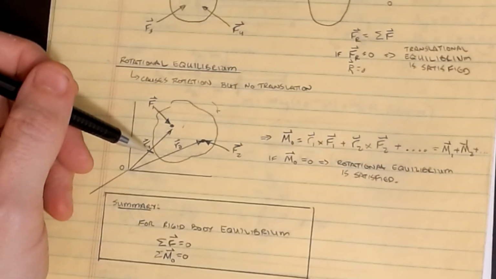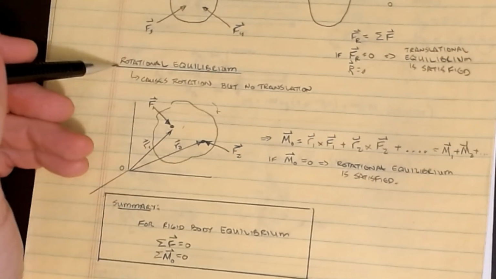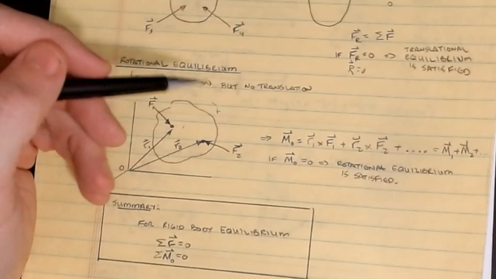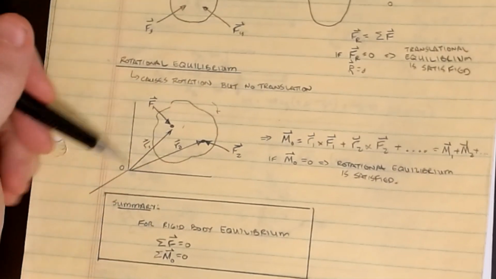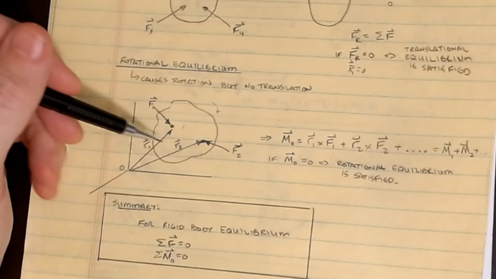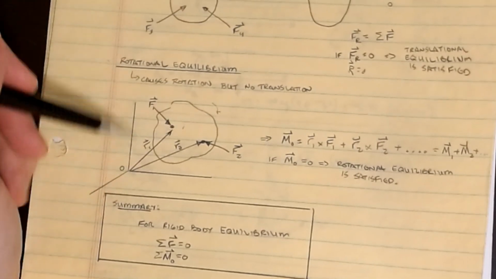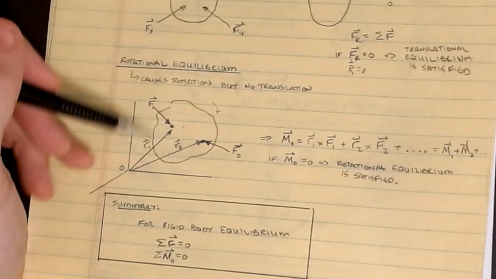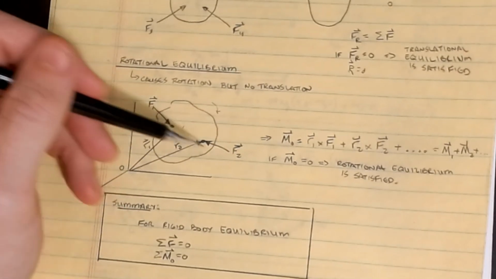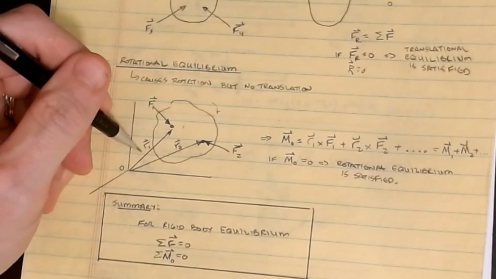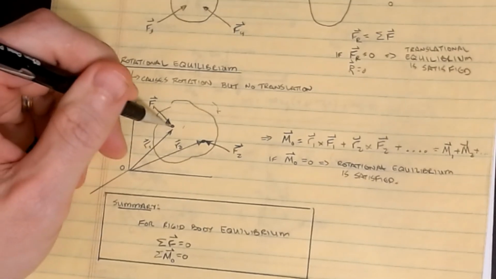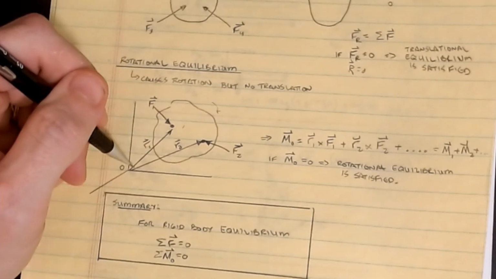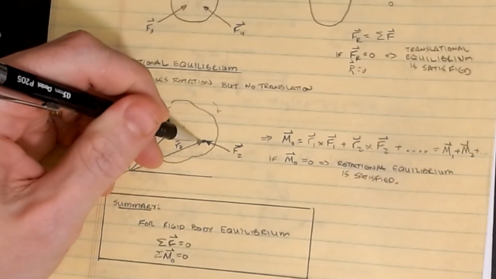The way that we can study that is, for rotational equilibrium, it's the same thing: all of the moment effects on this object have to add up, and if they're equal to 0, then this object is not rotating. So for an arbitrary object with an F1 vector and an F2 vector at their respective points, we'll define the position vector R1 from my origin to a point on F1 and an R2 vector from the origin to a point on F2.